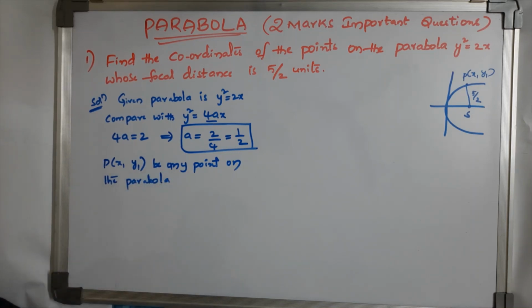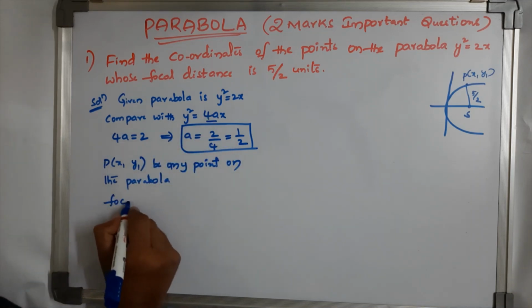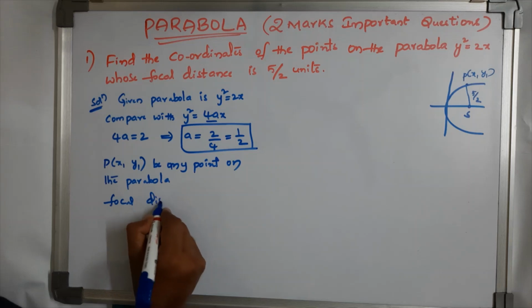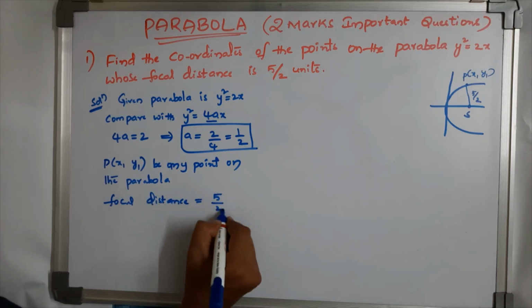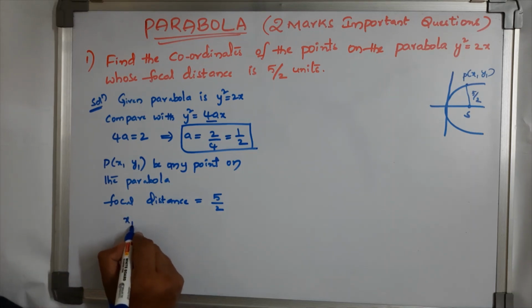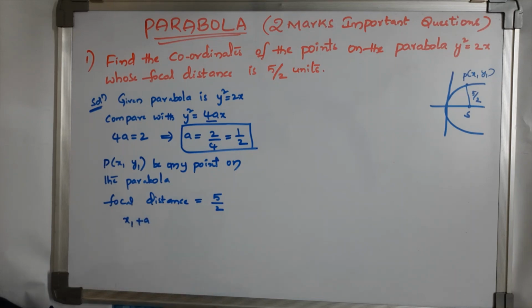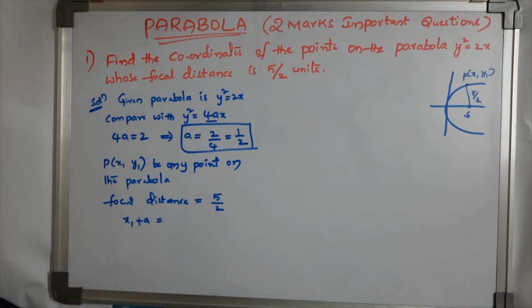The focal distance is given, right? Focal distance is equals to 5/2. We know what is the focal distance. We define the focal distance as x1 plus a in the previous classes. You can cover this focal distance in the video of focal distance. You can get it in the playlist.